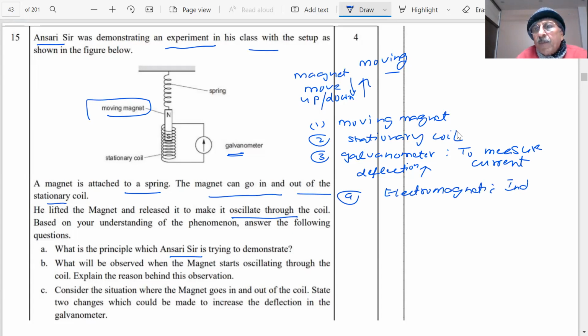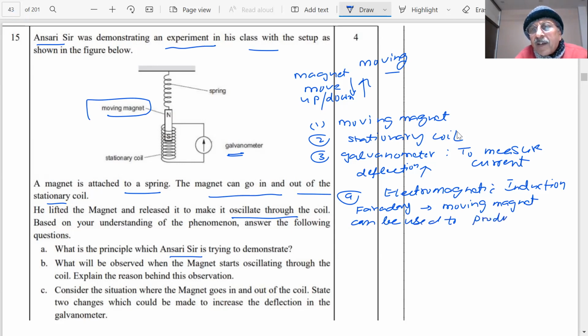induction. Very important. Faraday did an experiment and discovered electromagnetic induction. So a moving magnet can be used to produce electric current.